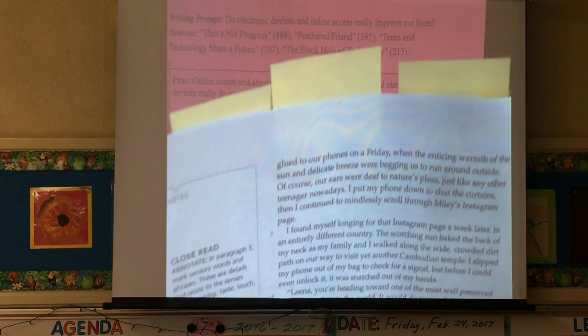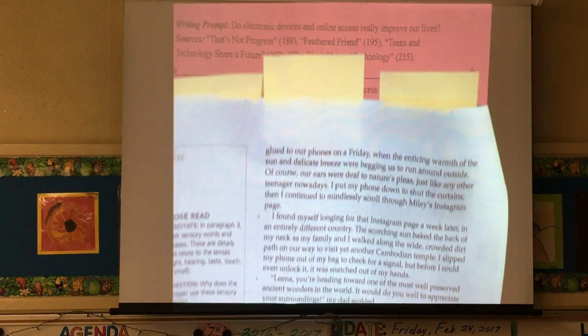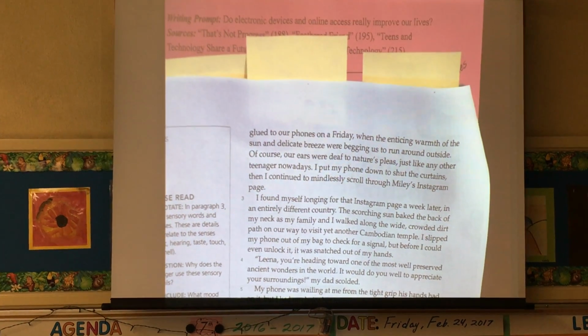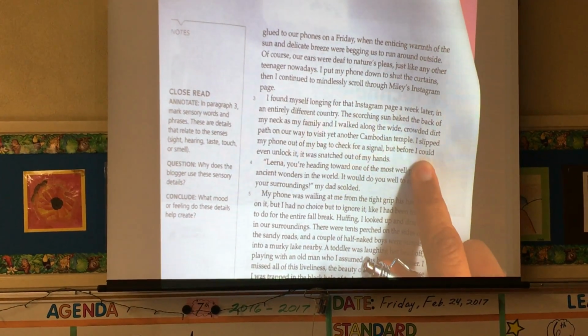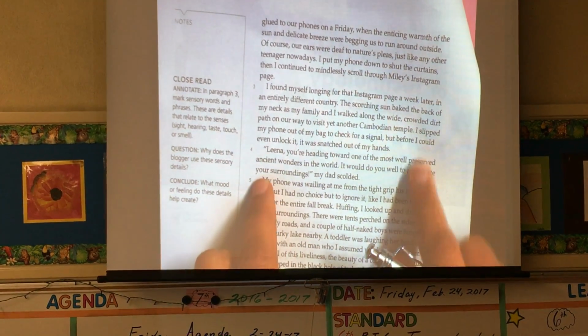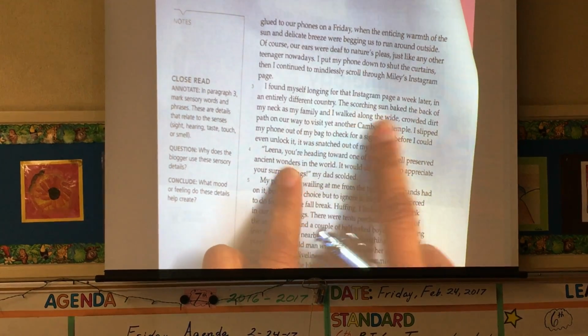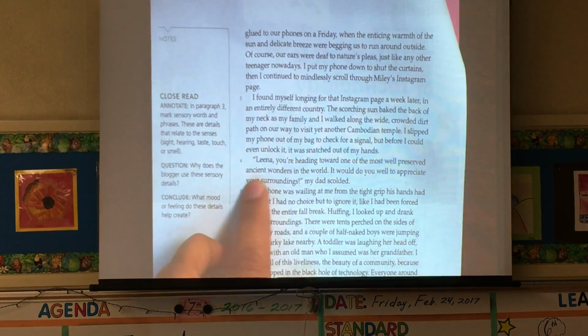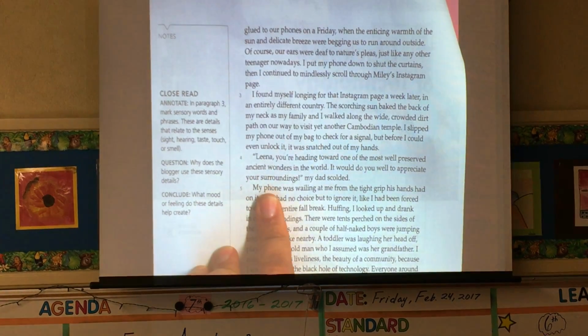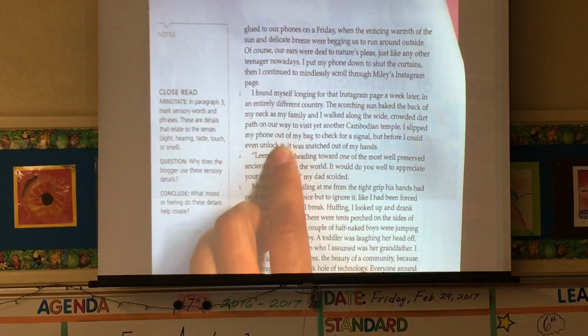I'm going to look through my text. Okay, and I'm rereading about how when she was in Cambodia, she was traveling with her parents to go to the temple. What happened was her phone slipped out of her bag.